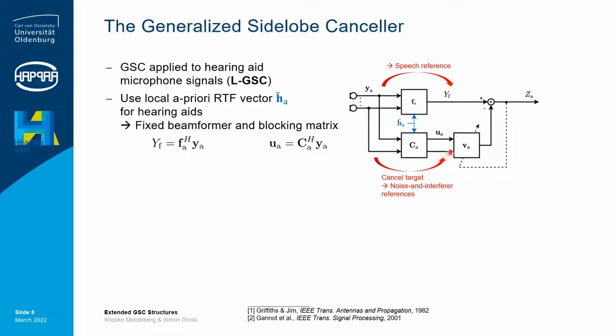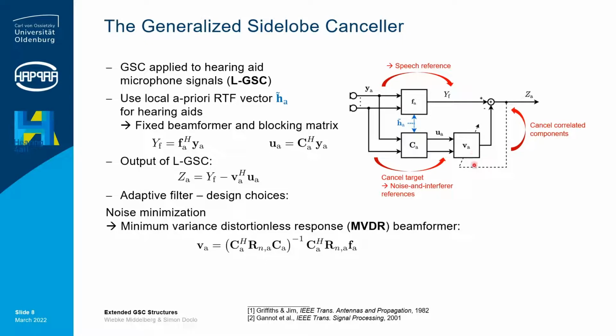The last building block of the local GSC is this adaptive filter, VA, which aims at canceling the correlated components between our noise and interferer references and the speech reference. For this adaptive filter now exists a variety of design choices, where we want to focus on the difference between the implementation as a minimum variance distortionless response, or short MVDR beamformer, which only aims at canceling correlated components between the noise and interferer references and the speech reference.